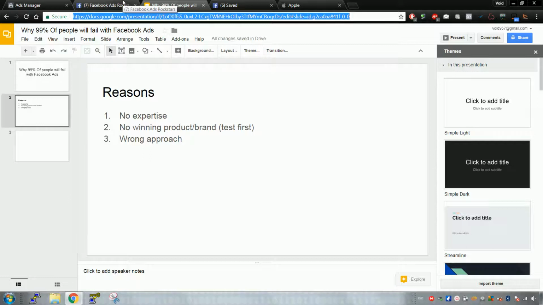Most people just fail in the testing phase when it comes to actually testing a product. With some clients I've worked with, they've already had a good product. So if we run ads to that, it's going to work for sure because it's already been tested.